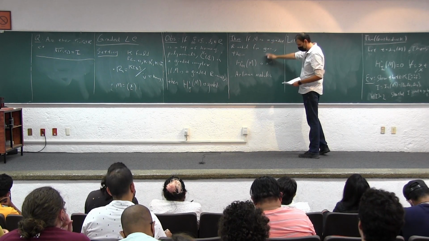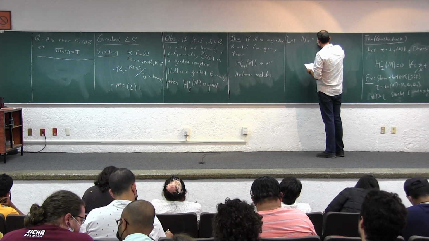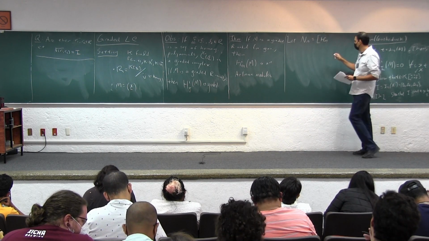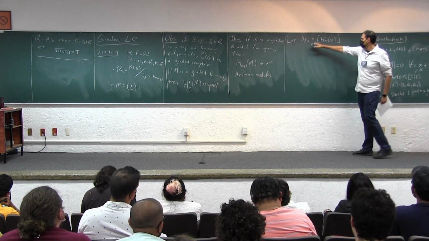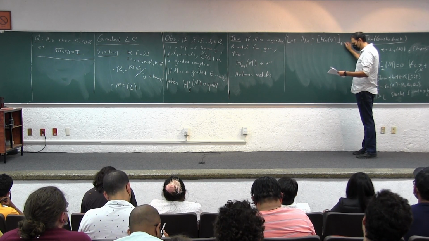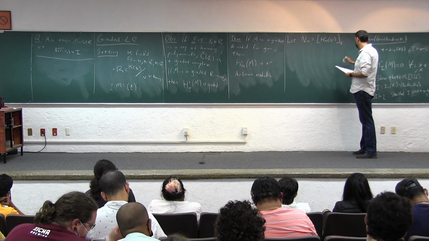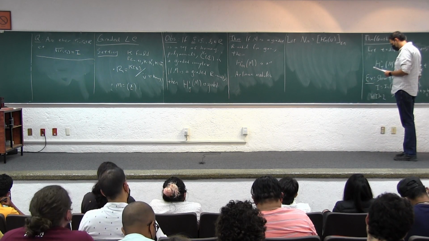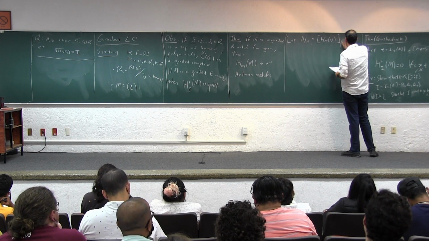So let's follow the idea. Let's take N sub n equal to the local homology at the maximal ideal, for some i fixed, consisting of the part whose degree is bigger or equal to n.